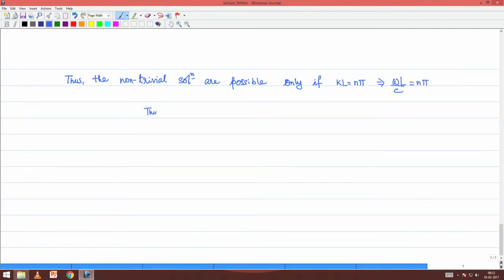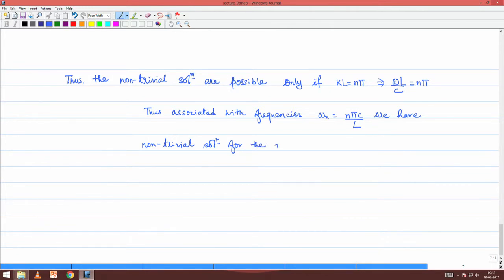Thus, associated with the frequencies omega n equals n pi c by L, we have non-trivial solution for the acoustic response in the absence of any velocity excitation.